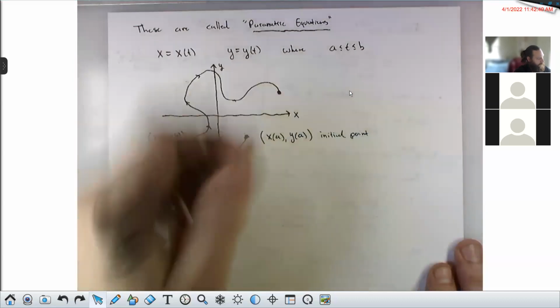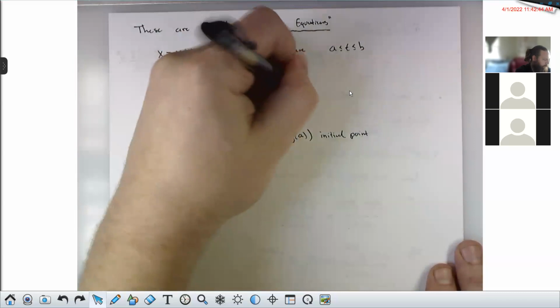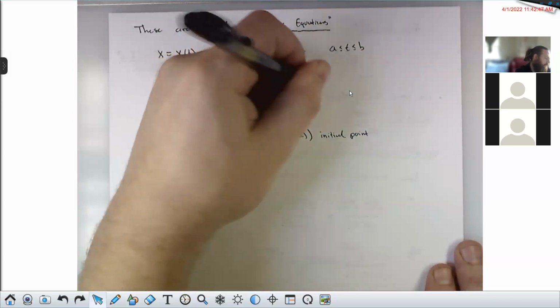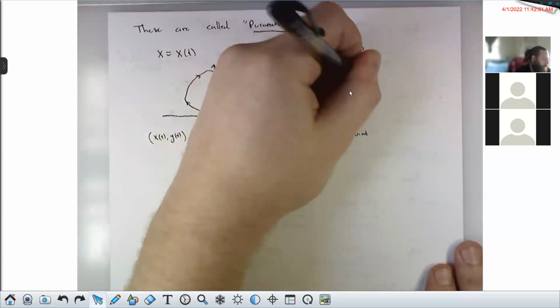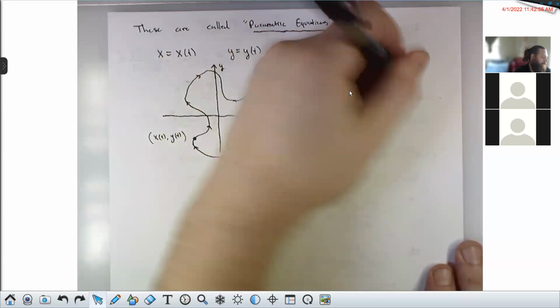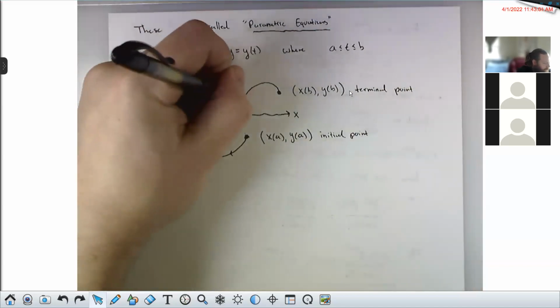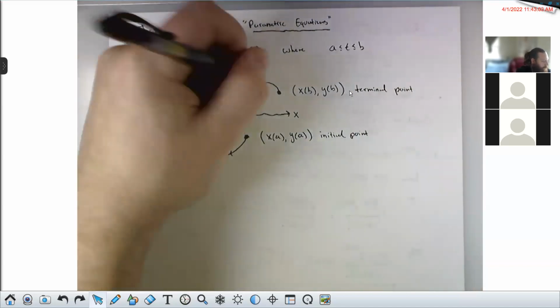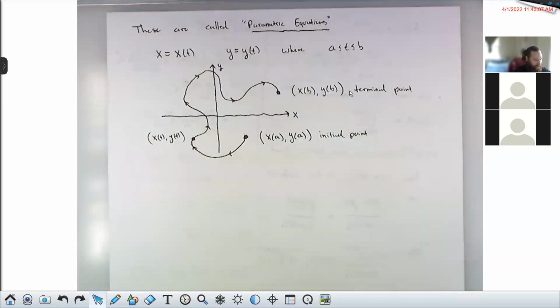And when you get to the end of this curve, when you get to t equals b, you would be at the point x of b comma y of b, which we call the terminal point. The little arrows I've drawn going along the curve from the initial point to the terminal point indicate what's called the orientation.